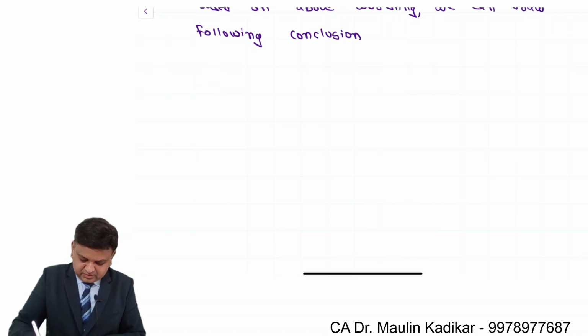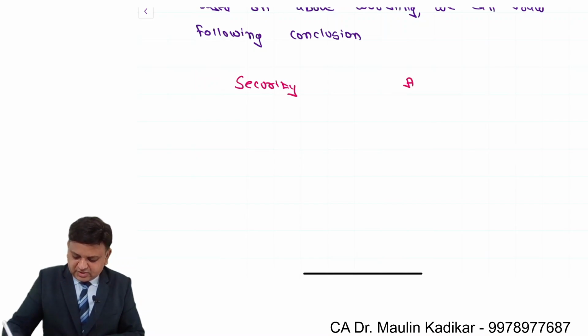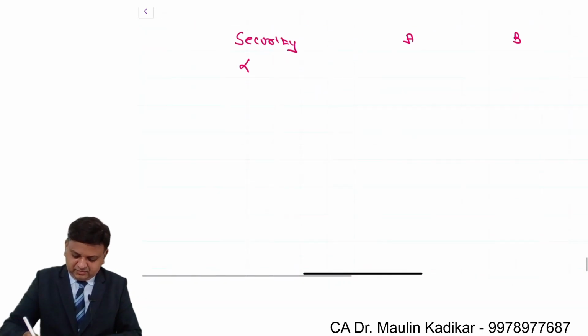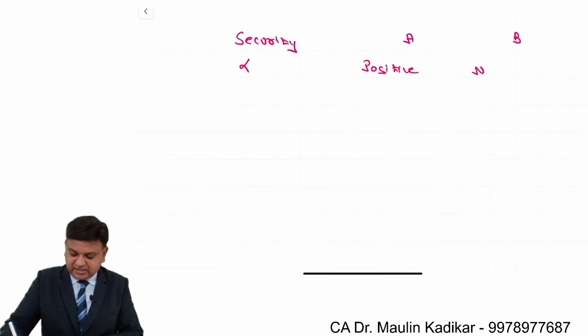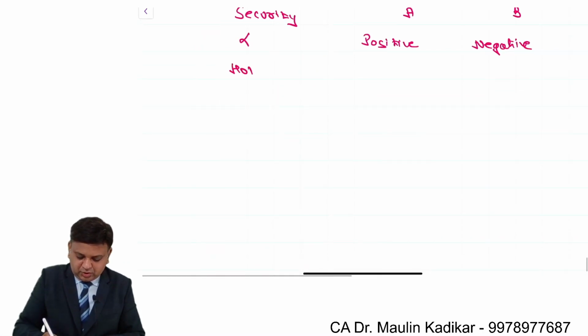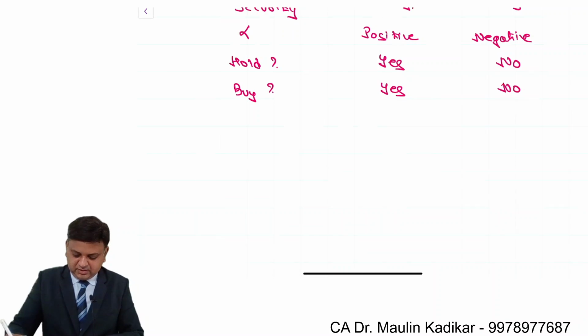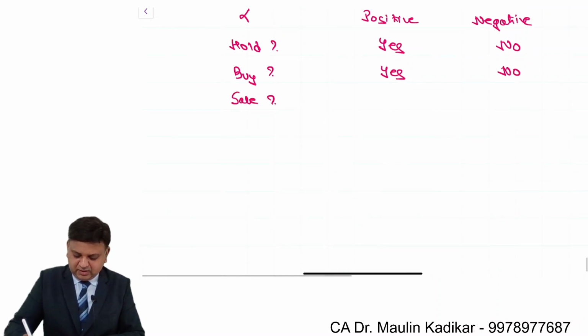We understand that there are two securities, security A and security B. Alpha for security A is positive and alpha for security B is negative. Should you hold? Yes, and over here it is no. Should you buy further? Yes, you should buy further, and you should not buy. Should you sell? No, you should not sell, and over here yes, you should sell the investment.